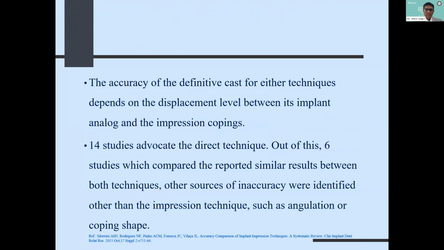What does this mean? 14 studies advocate the direct technique. Out of these, 6 studies which compared the two reported similar results for both techniques. Other sources of inaccuracies were identified other than impression techniques, such as angulation or coping. So basically, if your implant position and angulation is not too skewed, then you can use the closed technique.